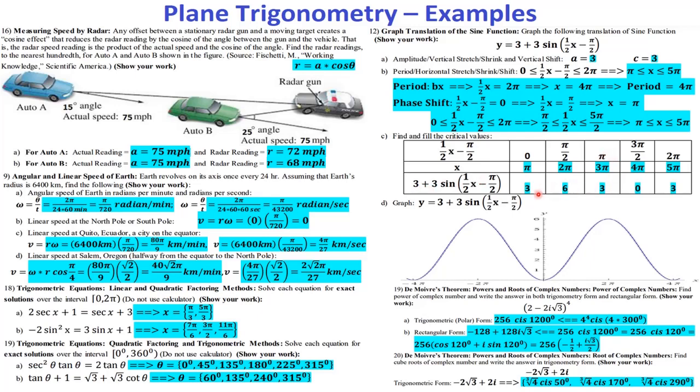Sine of pi is 0, so that is 3. Then sine of 3 pi over 2 is minus 1, so that is 3 times minus 1 is minus 3, 3 minus 3 is 0. Then at 2 pi it is again 3, so this is the graph.